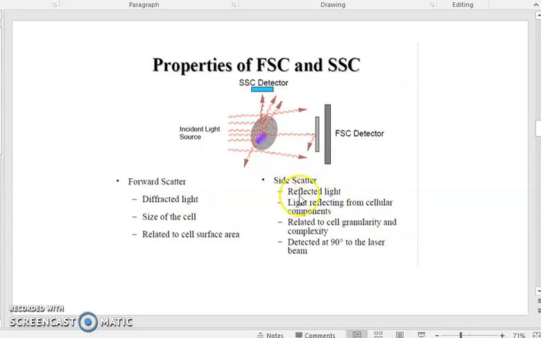The side scatter system shows reflected light. The FSC system is used to determine the size of the cell. The SSC system is related to cell granularity and is used to determine cell complexity. FSC is related to cell surface area and SSC is related to cell granularity.